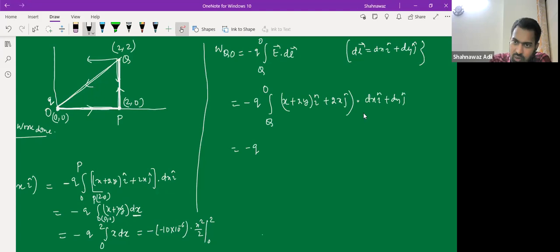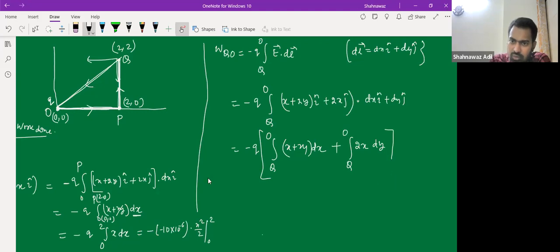So minus integral q to O (x plus 2y) dx, plus integral q to O 2x dy. Is this clear, guys?